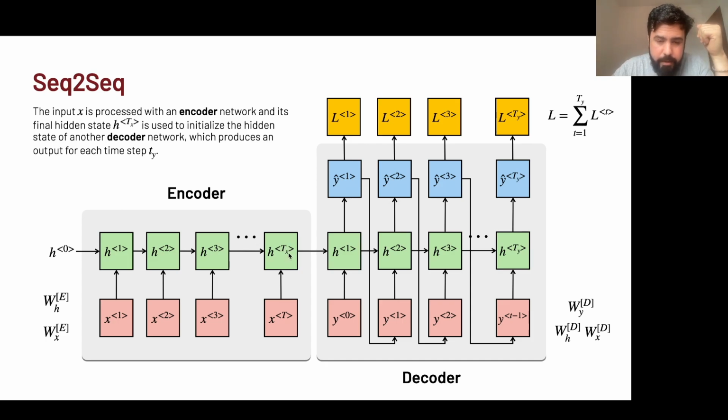I'm using Tx here because the number of elements in the input sequence might be different than the number of elements in the output sequence, so I'm using Tx and Ty here. So at the very end of the encoder, you have a hidden state vector that summarizes the whole input sequence. You can imagine a vector here that represents the whole input sequence.